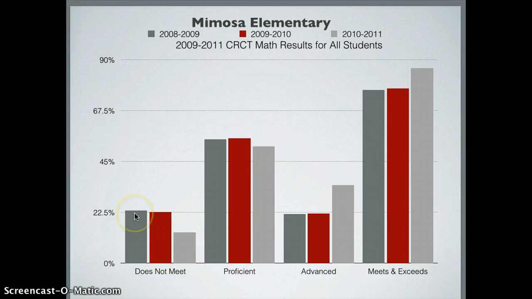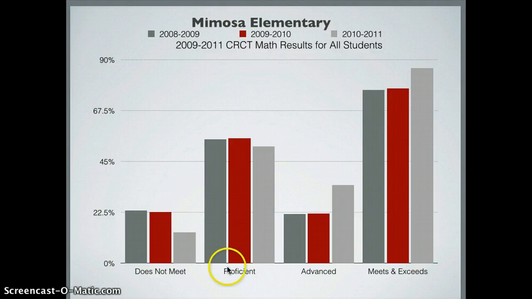So let's look at how we've done over the years in math. So the first year, 2008, 2009, we are up here around 23%, and then it goes down each year. So that's good news that as the years go on, we have less students who are at the does not meet level. If we look at proficient, we have a slight increase from 2008-2009 to 09-10, and then we decrease here in 2010, 2011.